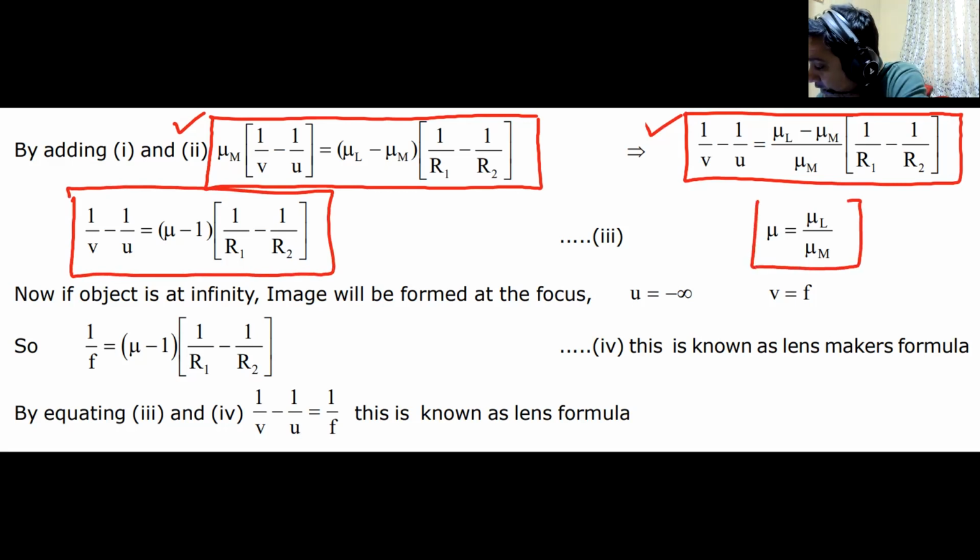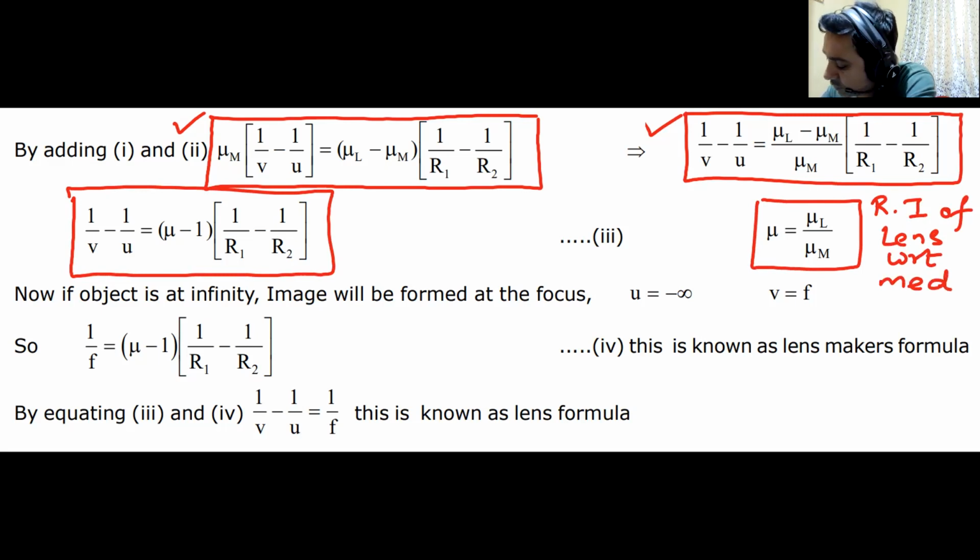This mu is mu l divided by mu m, or I can say refractive index of lens with respect to the medium. So remember here, mu is the refractive index of lens divided by refractive index of the medium, which is nothing but the refractive index of the lens with respect to the medium.